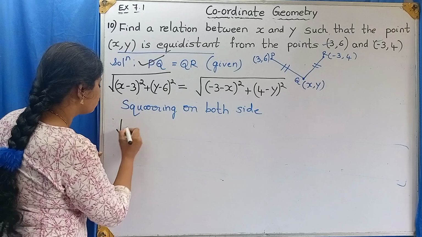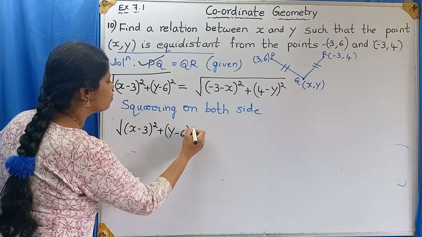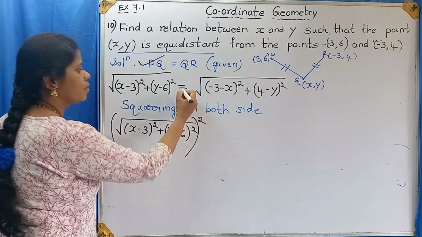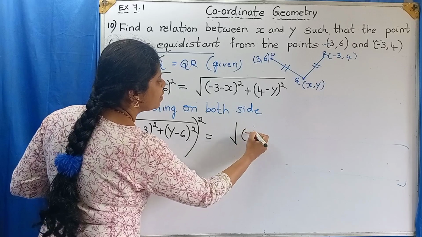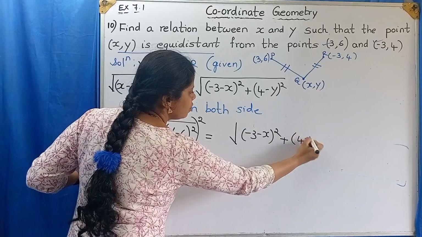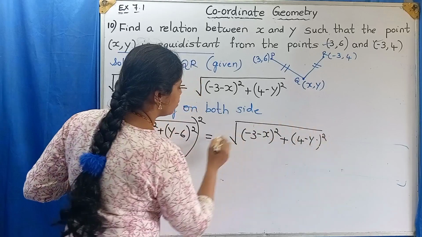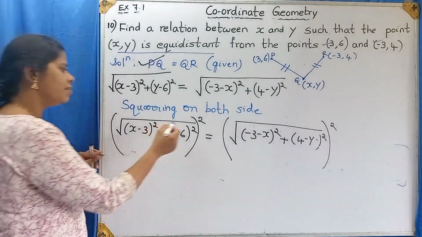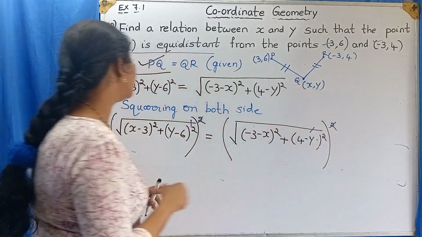That is, the square root of (x minus 3) the whole square plus (y minus 6) the whole square is equal to the square root of (minus 3 minus x) the whole square plus (4 minus y) the whole square, the whole square. Now look at this. This square root and this square will get cancelled.